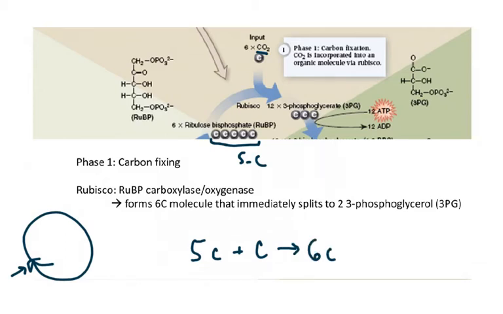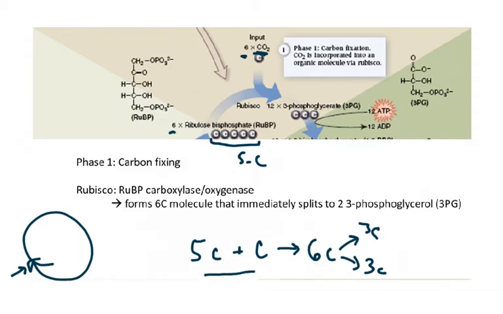But this 6-carbon molecule, as soon as it is made, it's so unstable that it immediately splits into 2 3-carbon molecules. So that's the first thing that happens. Now, mind what we're seeing in this reaction. Everything we're taking times 6, and that's going to be relevant because ultimately we need 6 of these carbons to make the 6-carbon glucose. So that's why everything is multiplied by 6.